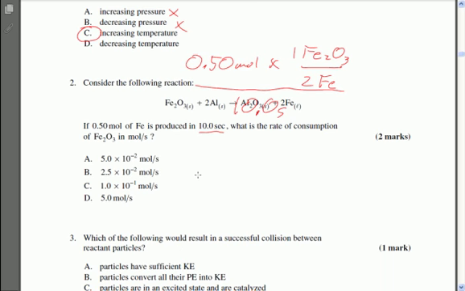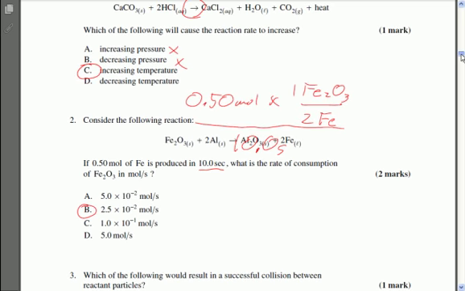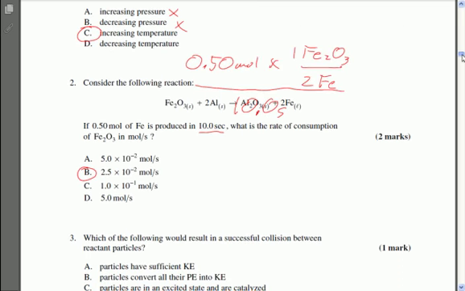If I do this calculation, this top part is going to equal 0.25. And then if I divide by 10, my answer is going to be 0.025, or in other words, 2.5 times 10 to the minus 2. And that is my rate of consumption of iron oxide.